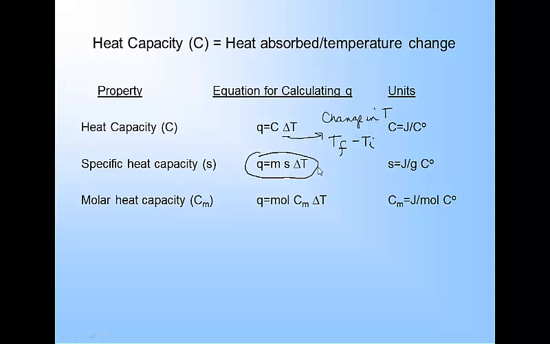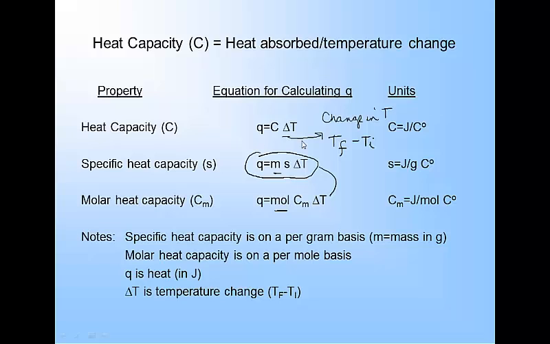You will notice that these two are very similar. It's just that this is moles of instead of mass of. Specific heat capacity is on a per gram basis. Molar heat capacity is on a per mole basis. Q is heat, joules. Look at the units for all of them. Change in temperature, I just told you that part.